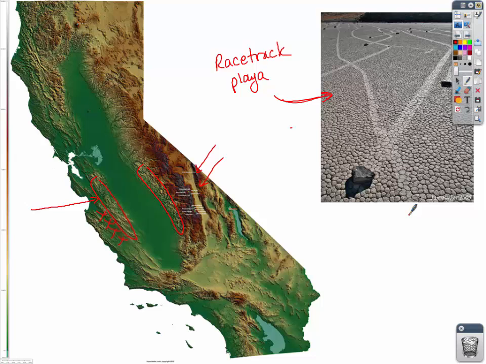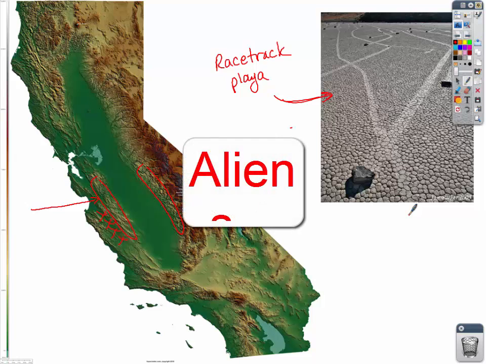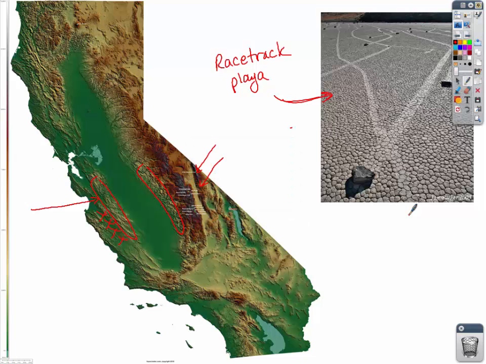People have tried to figure out how they move, or what the mechanism is that moves these rocks. But what they'll do is they'll go out the day before and they'll measure where a rock is. They'll come back the next day and it will have moved, and no one ever has witnessed how they move. It's one of those mysteries at Racetrack Playa.